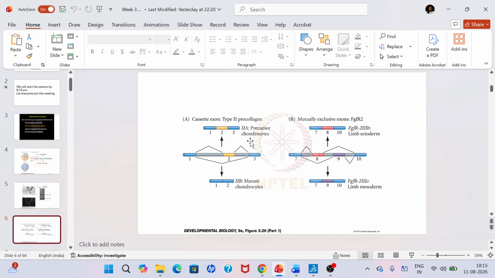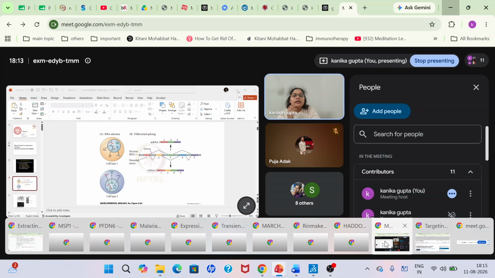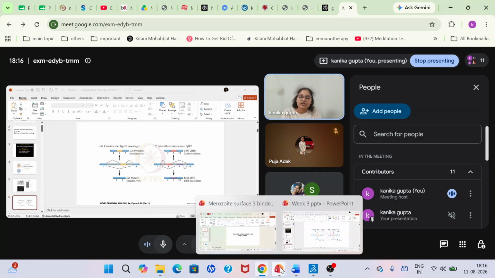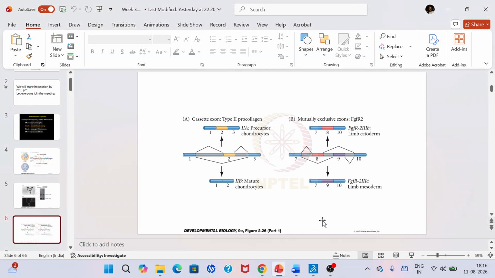So depending upon which type of cell it is and what the stage of the cell is, different exons are included in the mature mRNA, which leads to the formation of a particular protein. These are both chondrocytes, but this is a precursor and this is the mature chondrocyte.